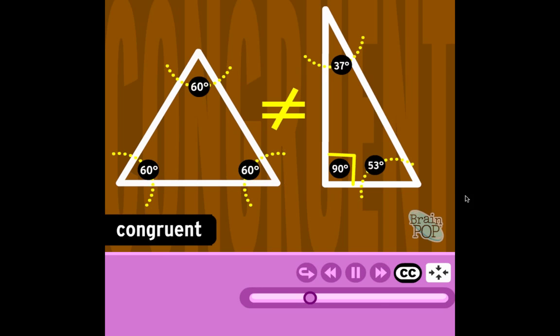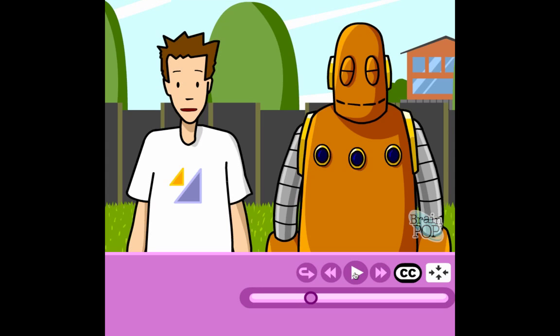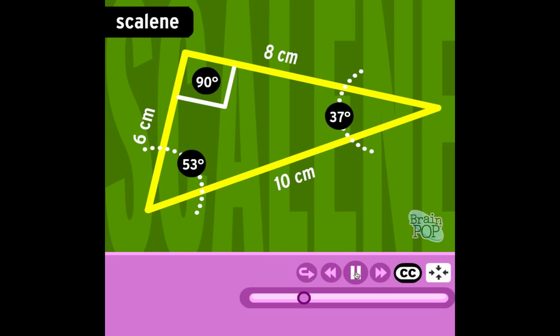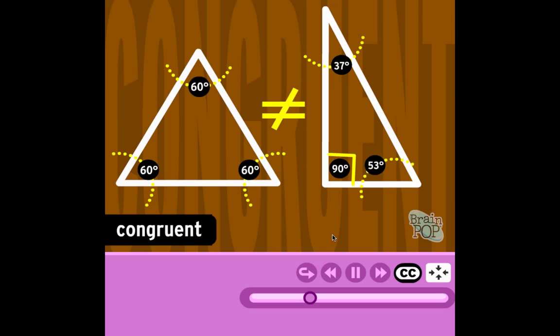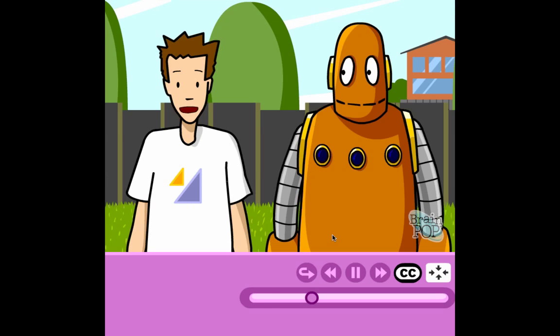These don't. So those two examples, even though they're both called triangles, are completely different.